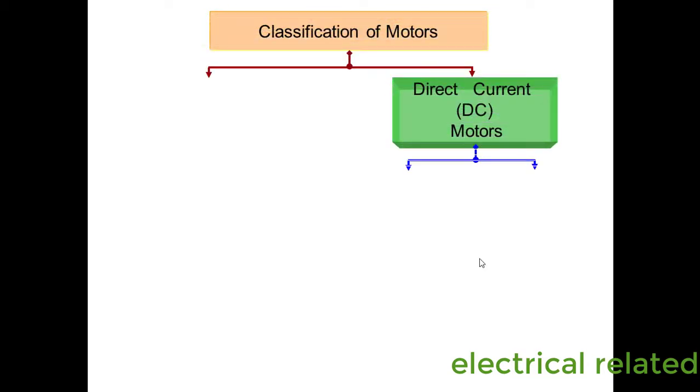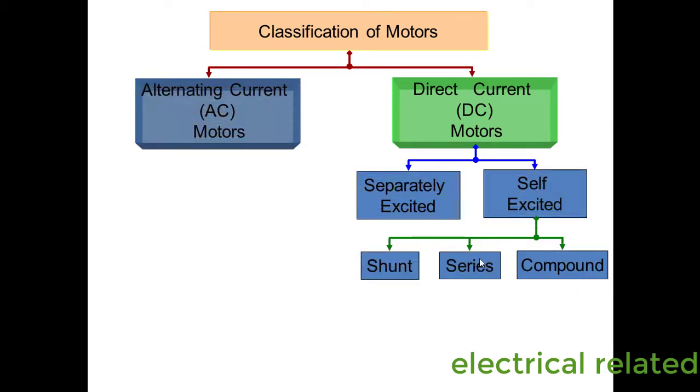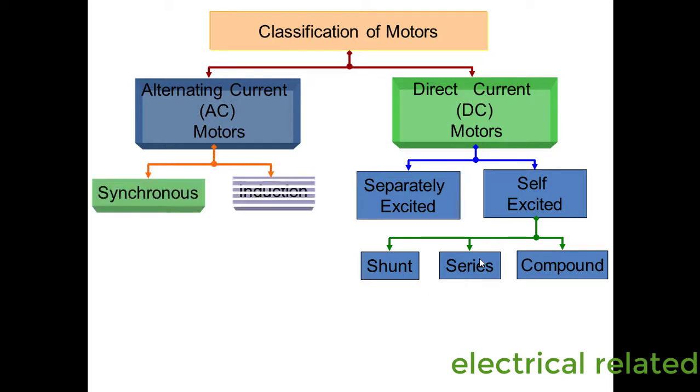Next, I will explain the types of induction motor. Next, I will explain the AC motor and DC motor. First, I will explain the AC motor. An AC motor has two types: synchronous motor and induction motor.